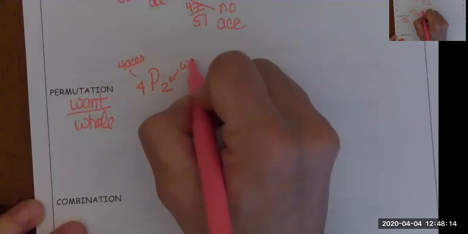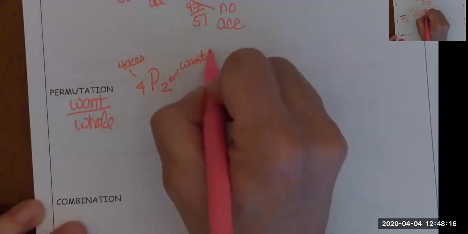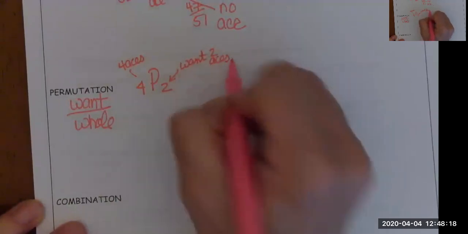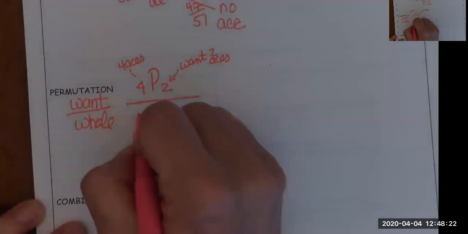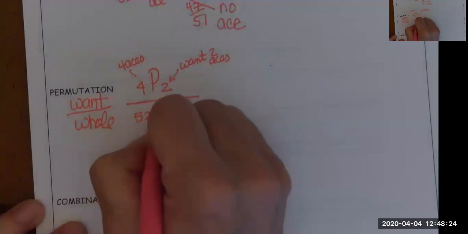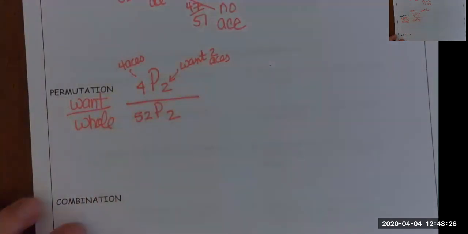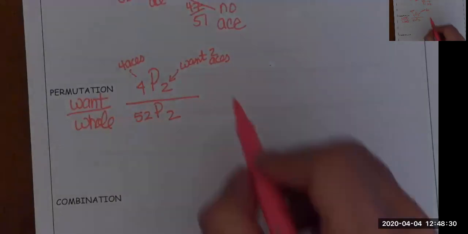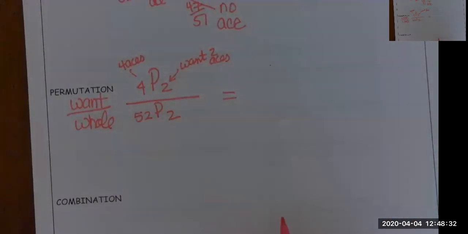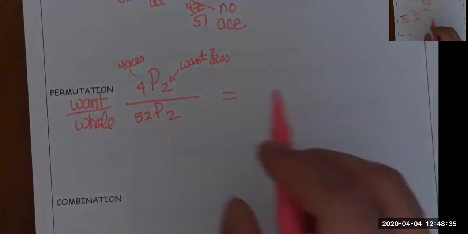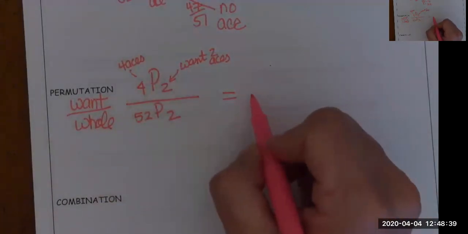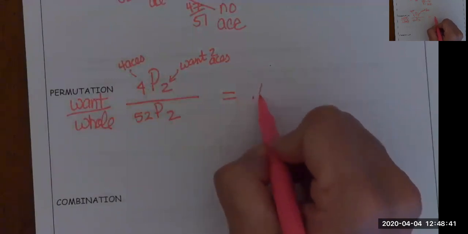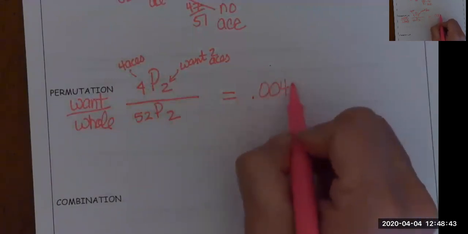I want 2 aces. And I'm going to choose those out of the whole deck. There are 52 cards in a deck, and I'm going to choose 2. So pause this, take a second, and plug that into your calculator, right? Remember, alpha y equals 1 will give you the division symbol, and you get 0.0045.